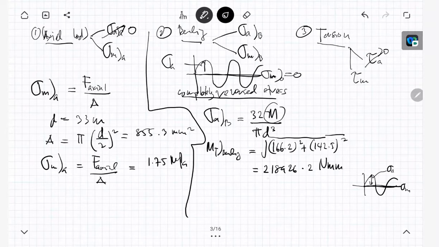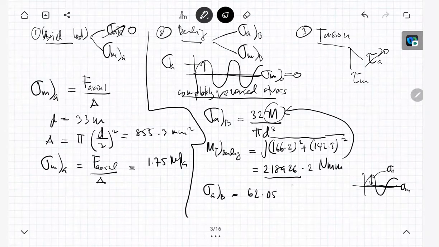Then insert this value to this. Then you will get sigma A bend, the alternating stress for the bending. You will get 62.05 megapascal.